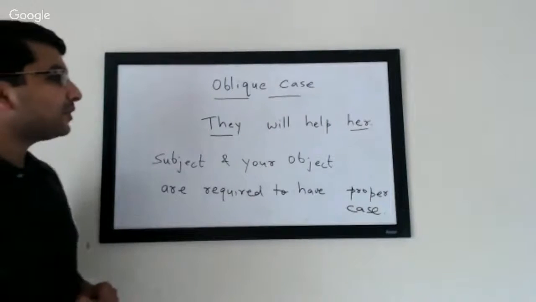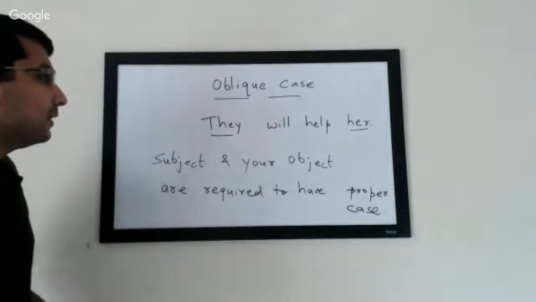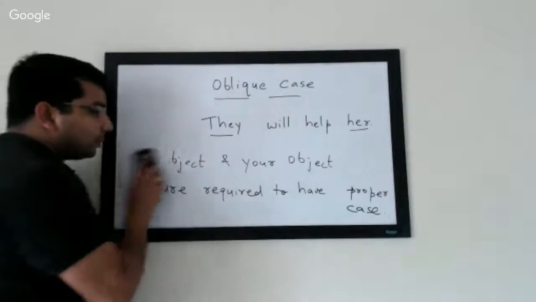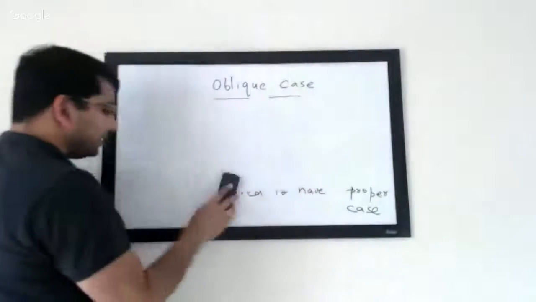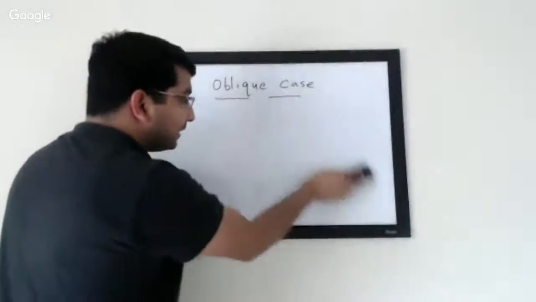If they don't have the proper case, that means it's inaccurate. So what we'll do is learn both the nominative case as well as the oblique case.